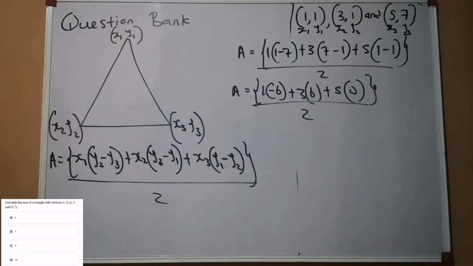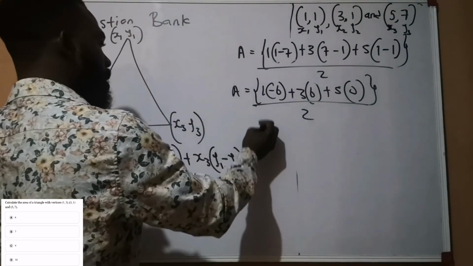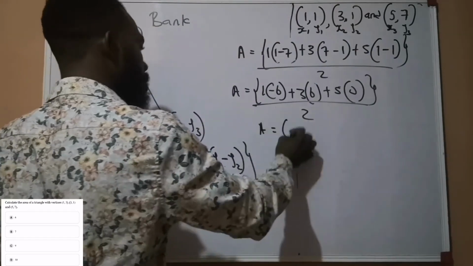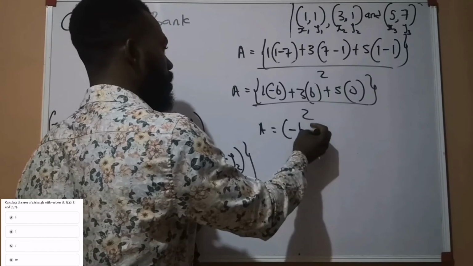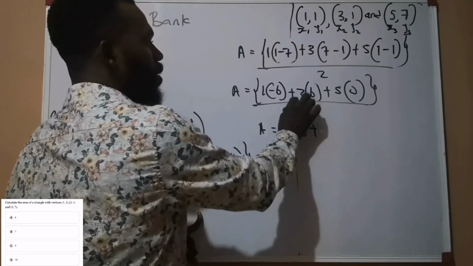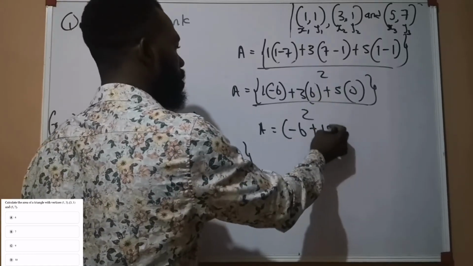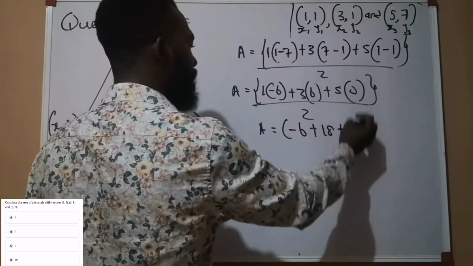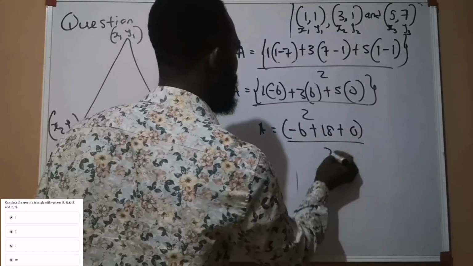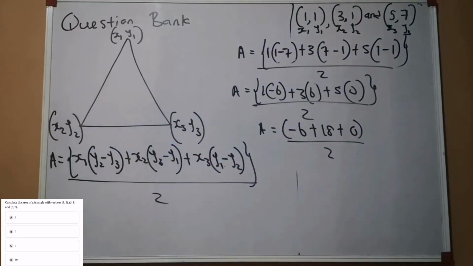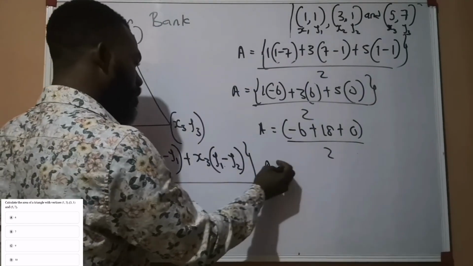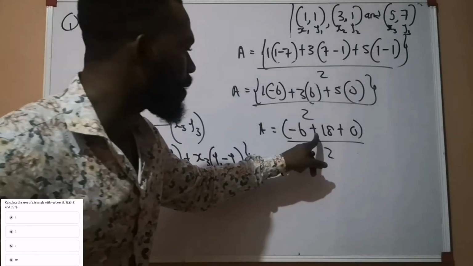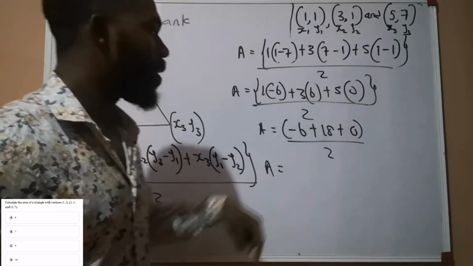So here the area is equal to 1 times minus 6 gives us minus 6, plus 3 times 6 gives us 18, plus 5 times 0 gives us 0, all over 2. Now negative 6 plus 18.